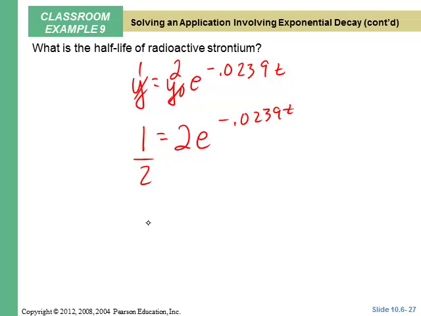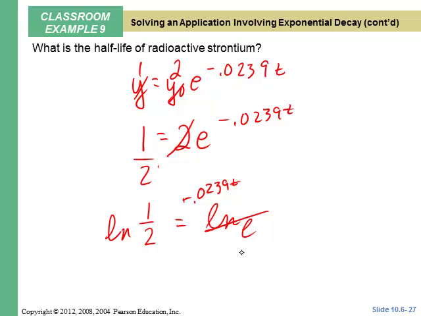We have ln 1/2 is, that 2 there cancels, is ln of e to the negative 0.0239 t. This is 1.